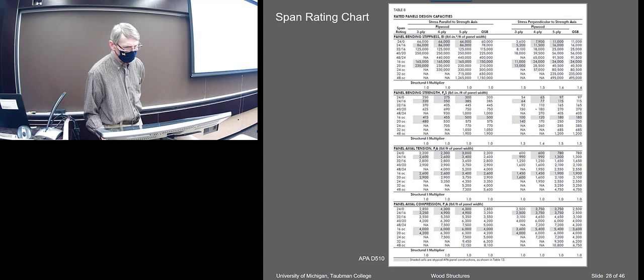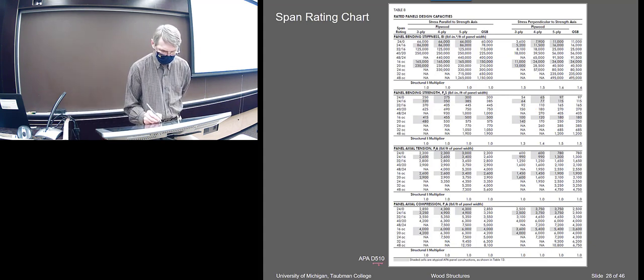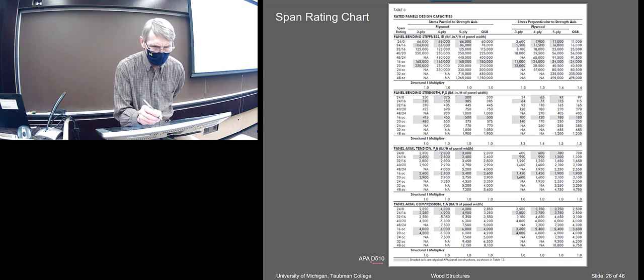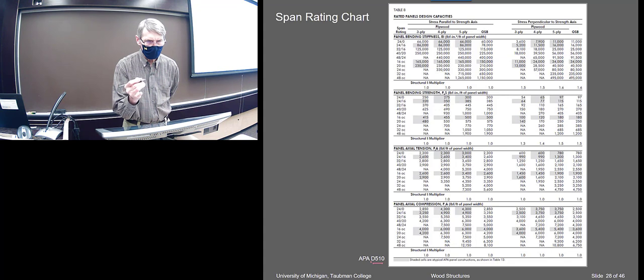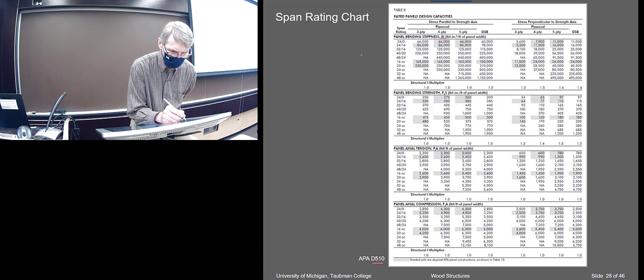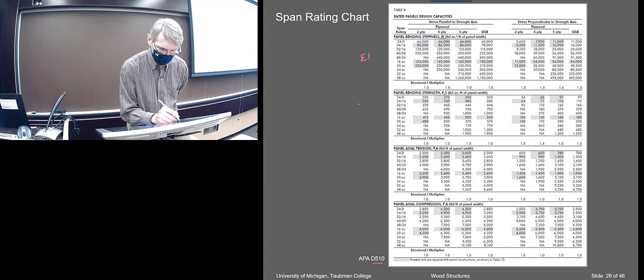The 510, as I mentioned earlier, has a lot of these charts that are by force. These aren't stress; well, this one's stiffness, EI. But you can see each of these is something different. This is EI, this is bending, flexure. This one is tension.